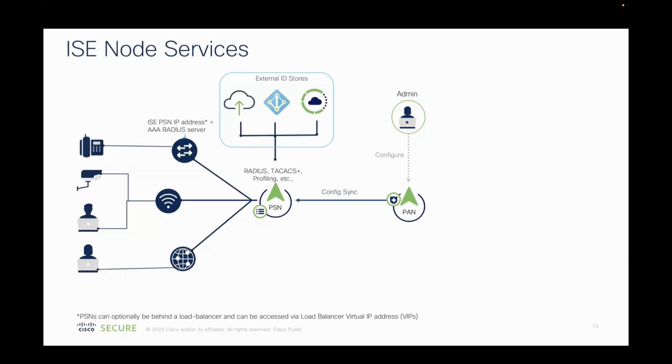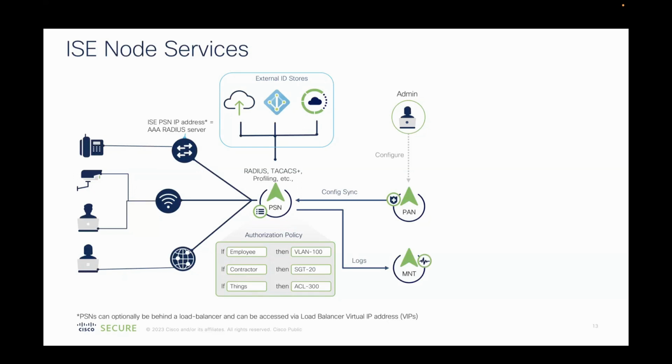If the authentication is successful, the PSN can give granular access or differentiated privileges to the endpoint or users coming onto the network. Be it an employee getting a VLAN 100, a contractor getting an SGT 20, or an IoT getting the ACL 300. That's all based on the policies that you defined on the PAN, which get replicated to the PSN.